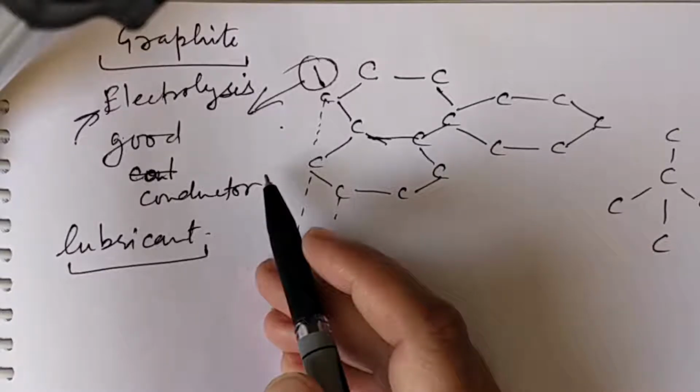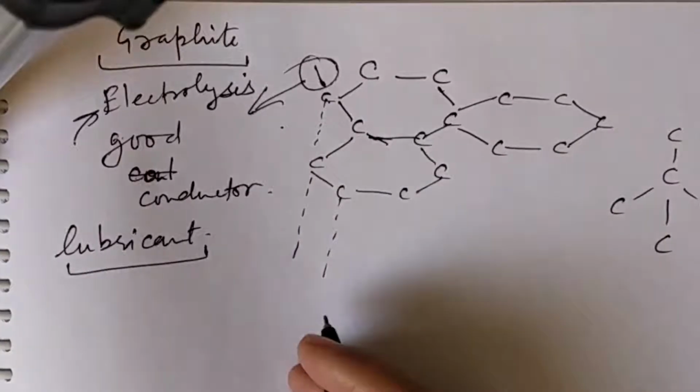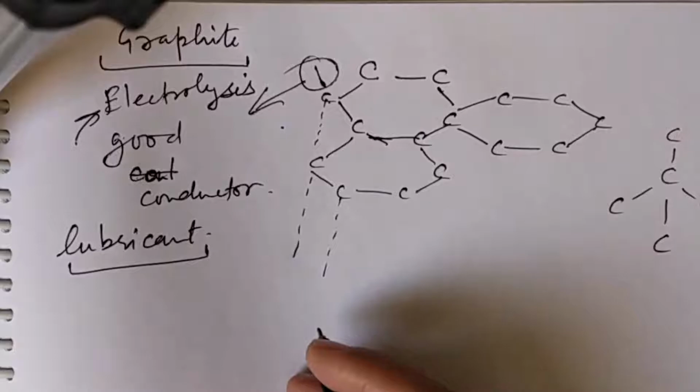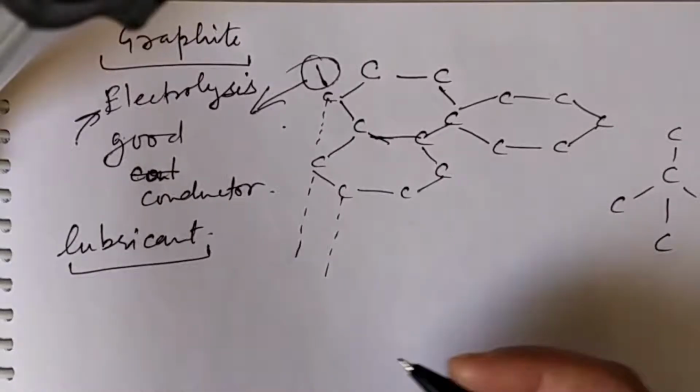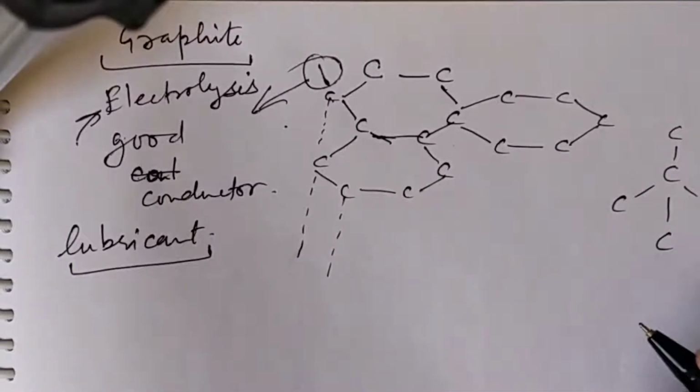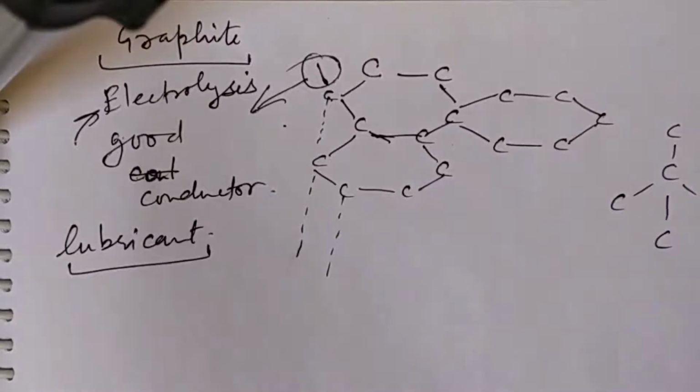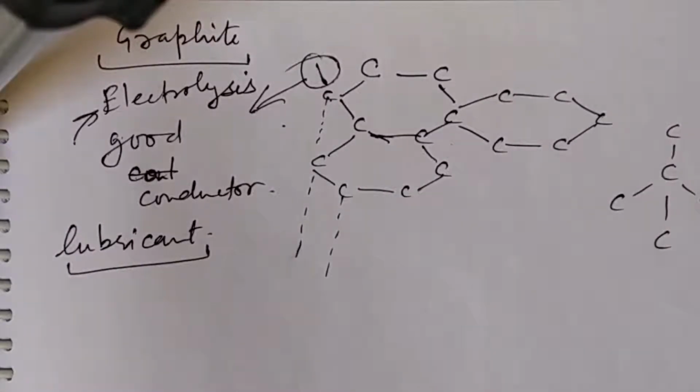Okay, so graphite is relatively soft and greasy because its structure is not compact like that of diamond. So we are discussing here the differences between the properties of diamond and graphite.